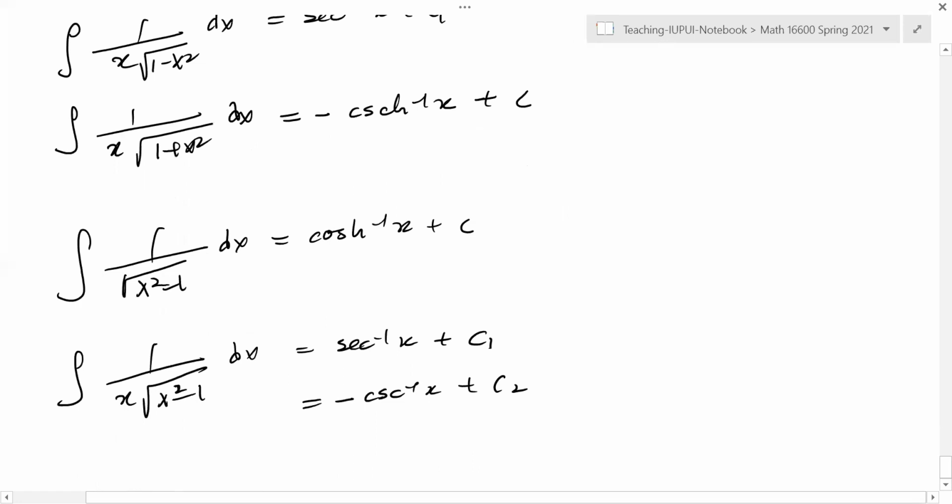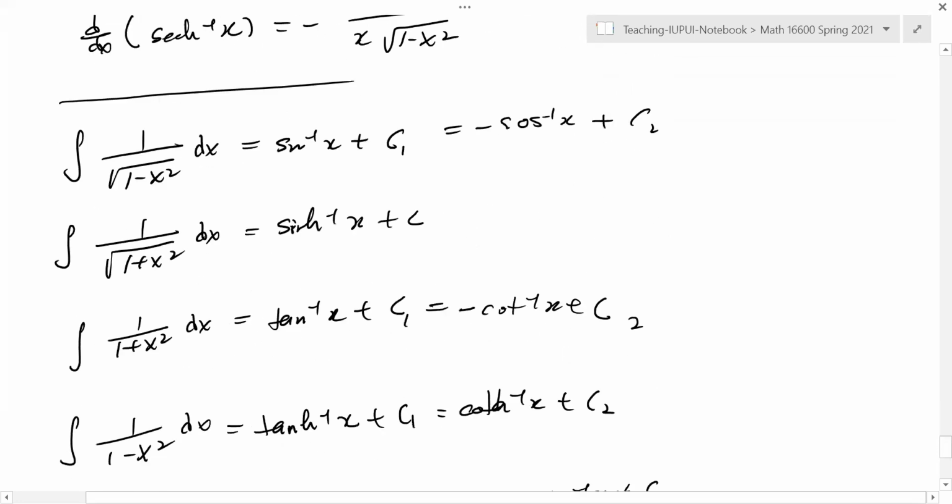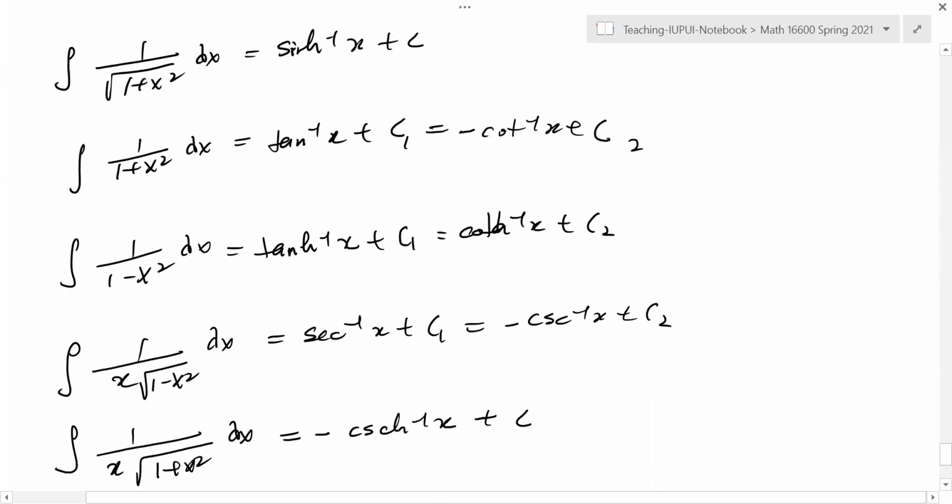Inside the radical you have x squared plus 1 and x squared minus 1, or 1 plus x squared, 1 minus x squared. Outside the radical, you can multiply by x, or nothing. So there are multiple possible forms, different forms here.